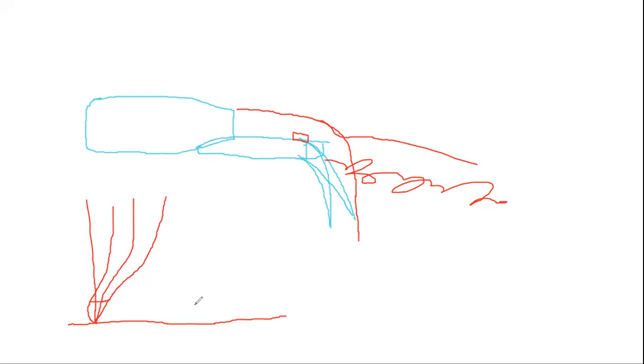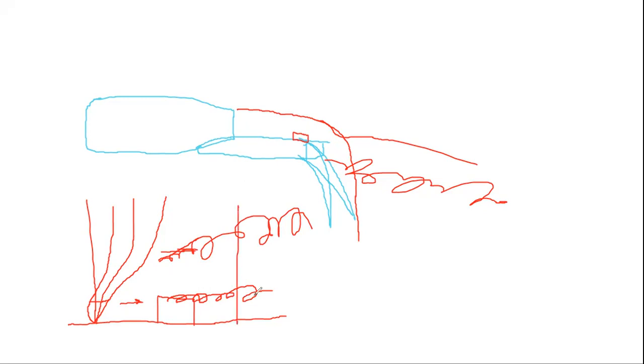So to prevent this separation, you can put a small vortex generator at a small angle to the airflow. Yes? When you look from above, they put it not parallel to the flow, just at a small angle. And there is a vortex. So this vortex increases speed in this part of the boundary layer.